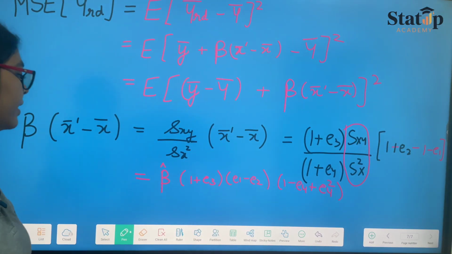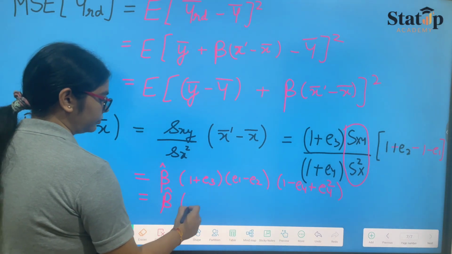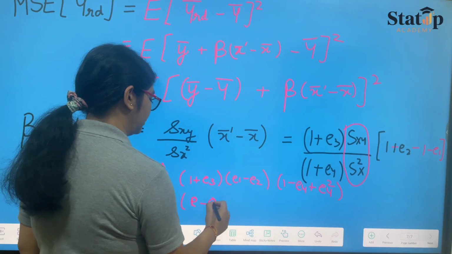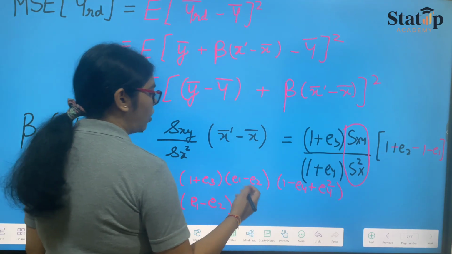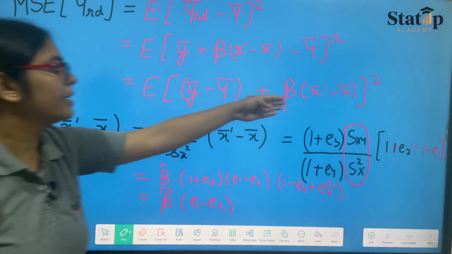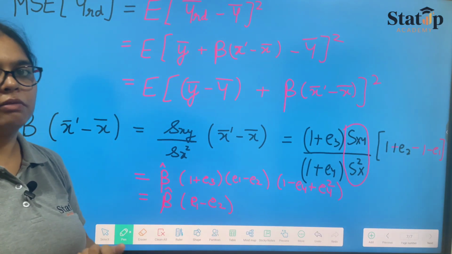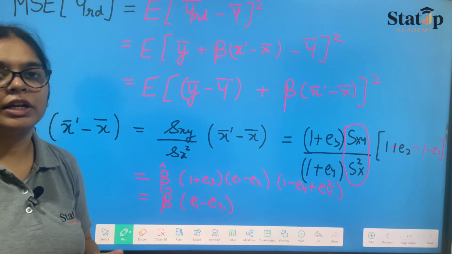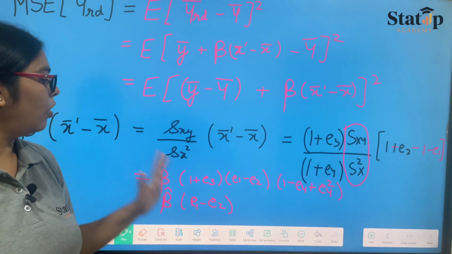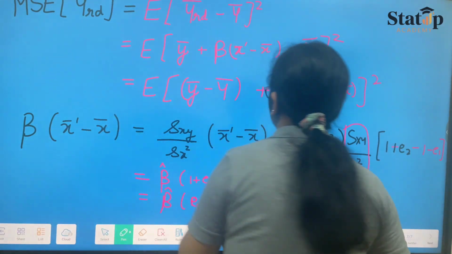Now if we open the bracket, we are left with beta cap into e1 minus e2. The rest of the terms are more than power 1, and we are taking the square. If we square power 1, we get power 2; if we square power 2, we get power 4, and we are taking approximation up to power 2, so we'll ignore all other terms and we are only left with beta cap into e1 minus e2 in place of this.